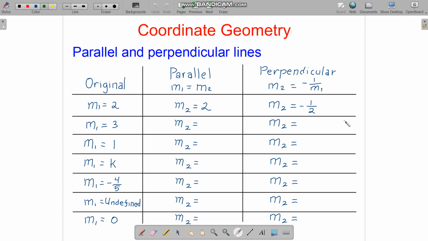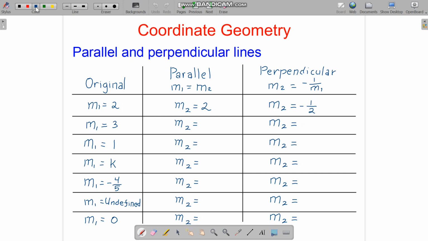So for example, if the first gradient is 2, for a parallel relationship, the other gradient must be exactly the same, also 2. If it's perpendicular, then it's minus 1 over the other gradient, so minus 1 over 2.